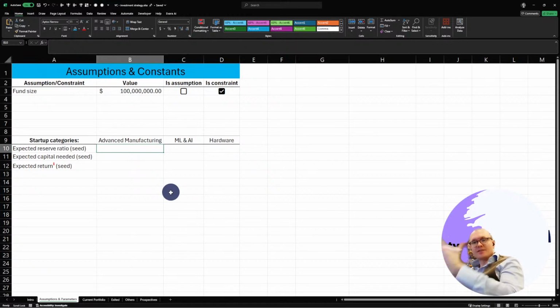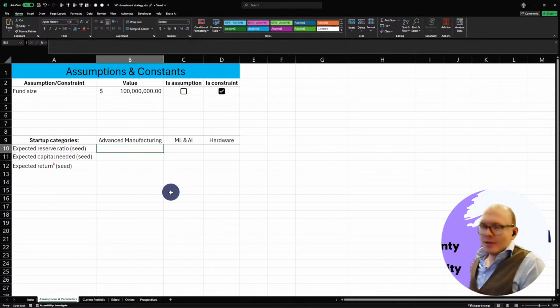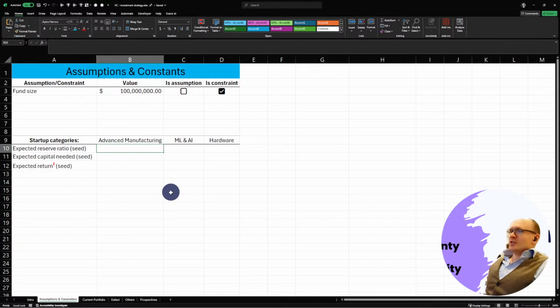In fact, it is very much okay to use either a bit of historical data you might have lying around, look at a bit of your databases, etc., to see what might be the reserve ratio needed for startups that fit the seed stage or the other profile that the VC that we are considering being, or pretending to be, would invest in.